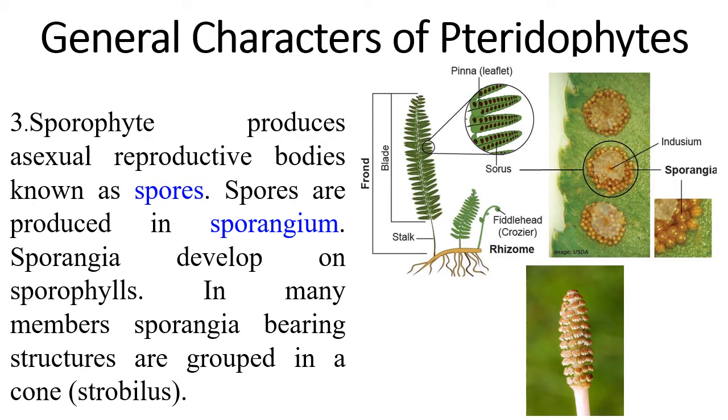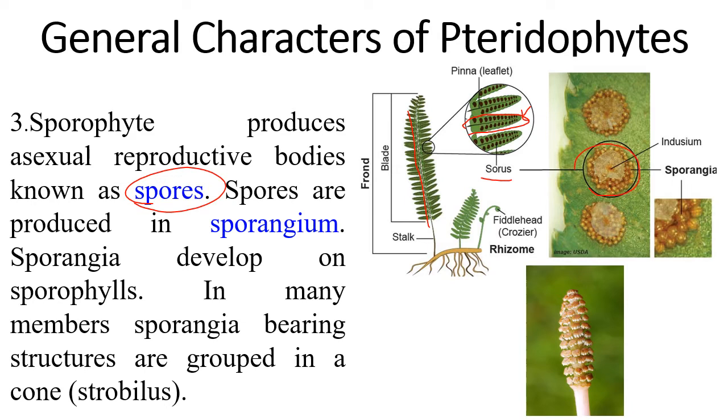Sporophyte produces asexual reproductive bodies, also called spores, and these spores are produced in sporangium. So if you look here, this is actually a compound leaf. Then if you see the individual leaflet or pinna, on the back side there are small groups, that is called sorus. This sorus here is enlarged.